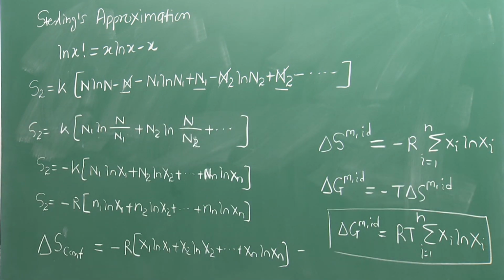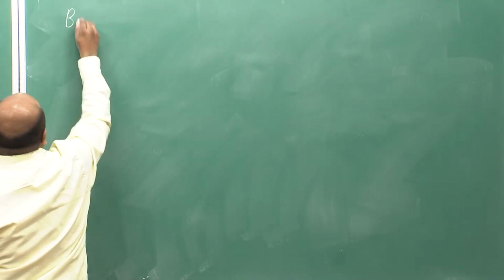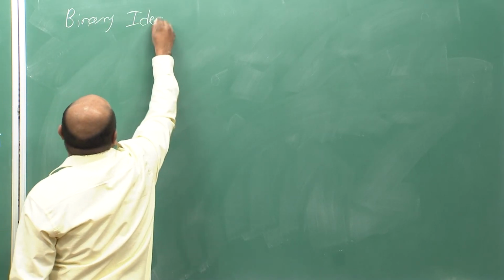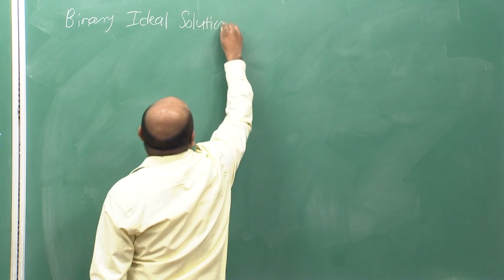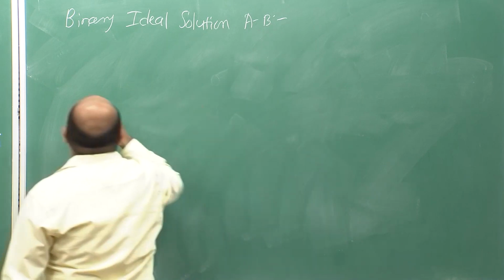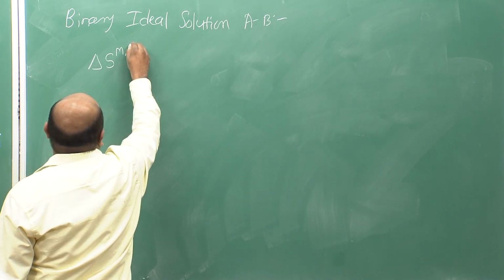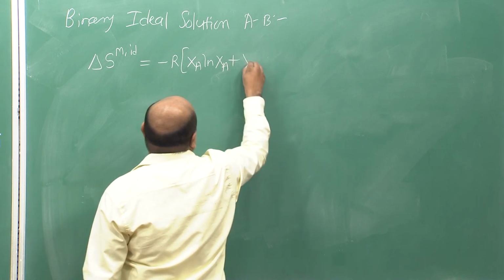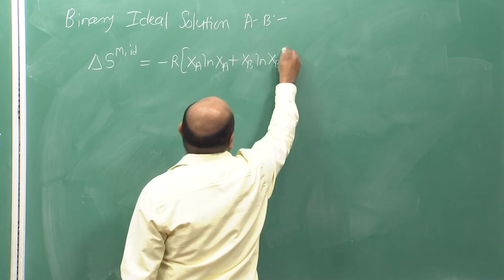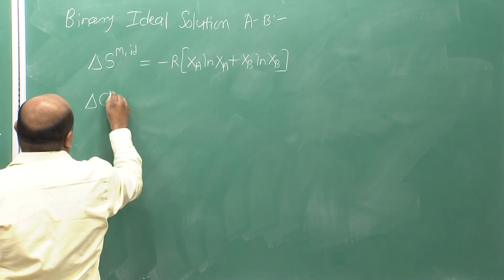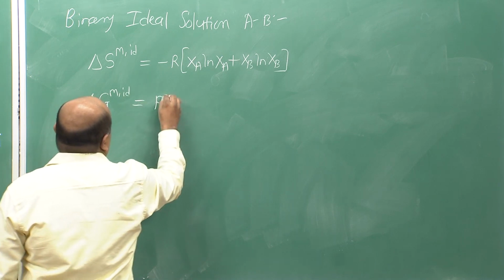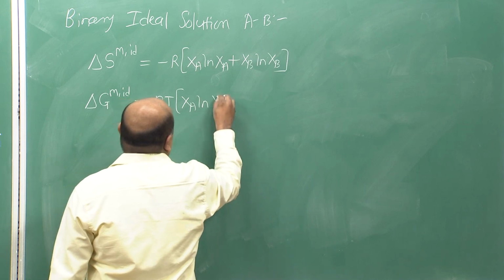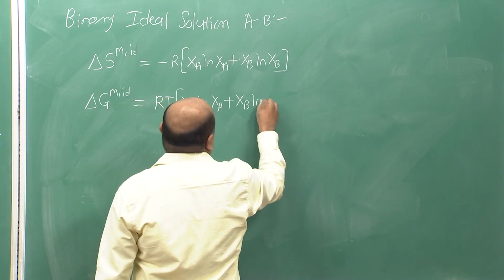So, if we plot this as a function of composition, let us do this for just a binary solution of say components A and B. So, for a binary ideal solution of A and B, we can write delta Sm id is equal to minus R times xA ln xA plus xB ln xB, and delta Gm id will be RT times xA ln xA plus xB ln xB.